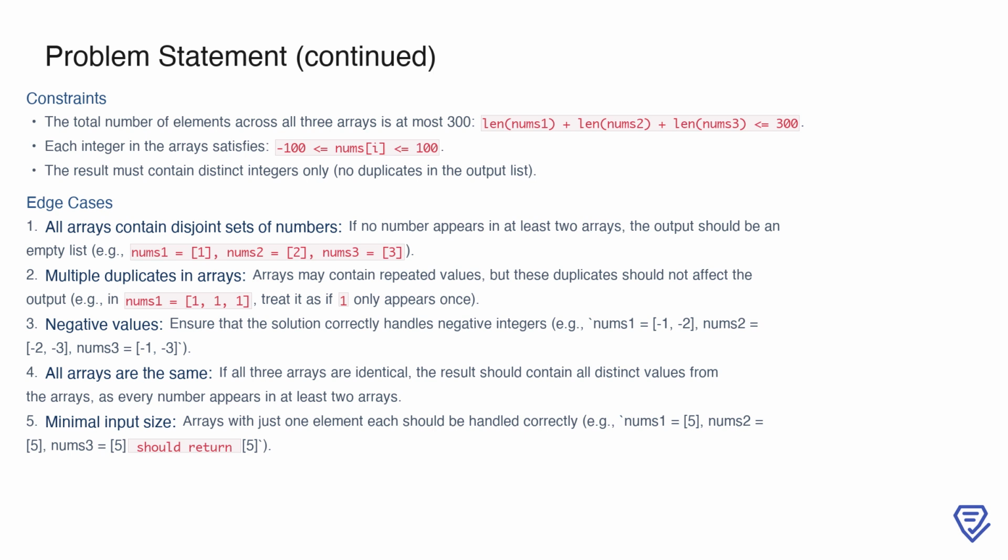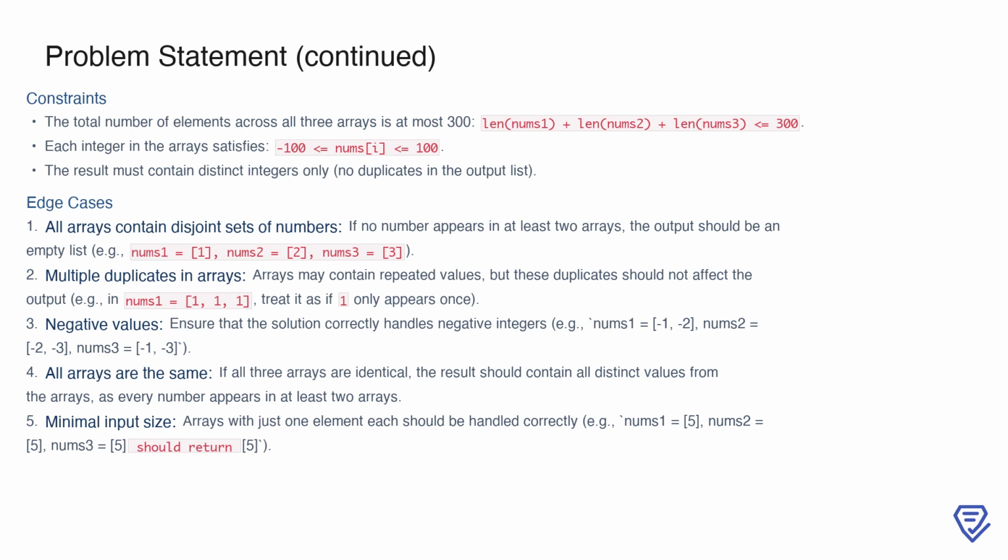If there are multiple duplicate values in a single array, such as 1, 1, 1 in nums1, we treat it as if the value 1 appears only once. Negative integers are also valid, and the solution should handle them correctly. For example, if nums1 is -1, -2, nums2 is -2, -3, and nums3 is -1, -3, the output should be -1, -2, -3.